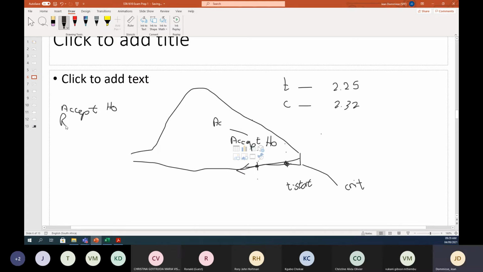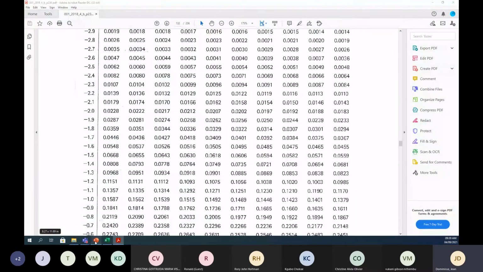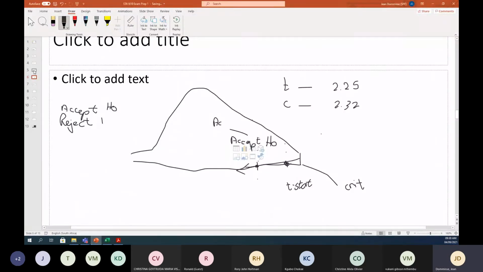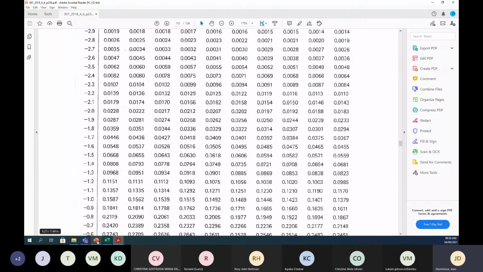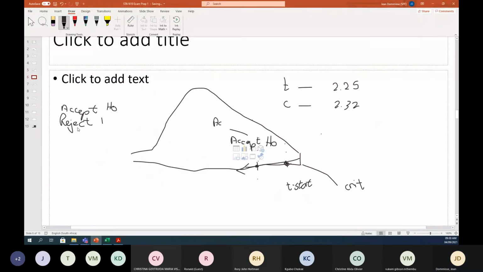Is the same as, okay, so let's get that wording correct. Null hypothesis is not rejected, so that is the same as accepting.